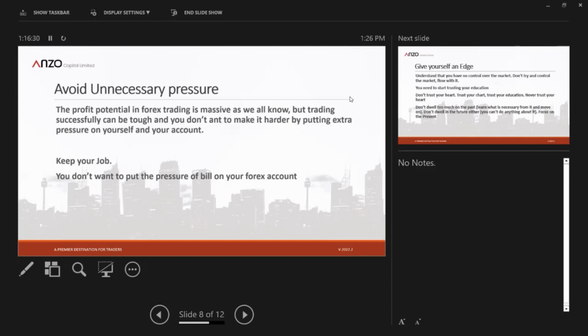Let's say you started with a $1,000 account. So that's 12%, you make 12%.